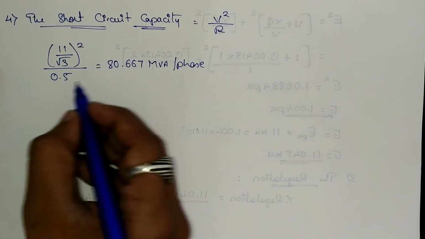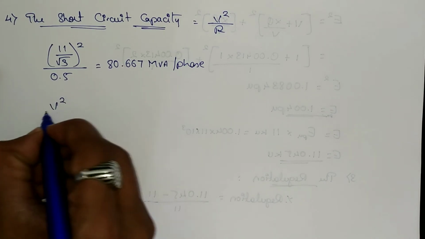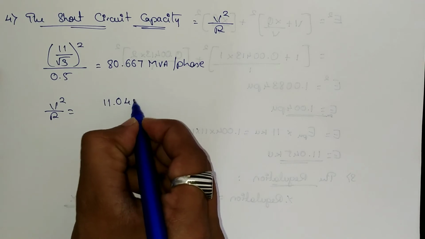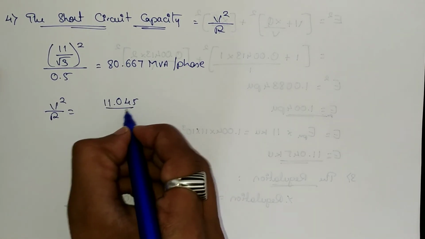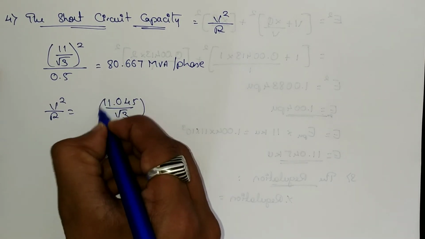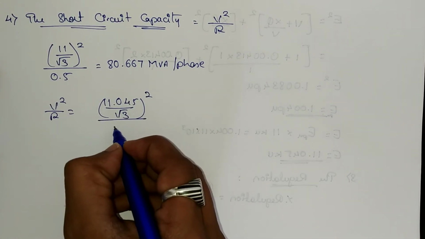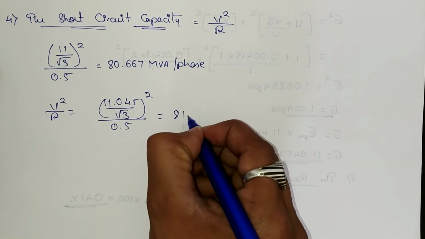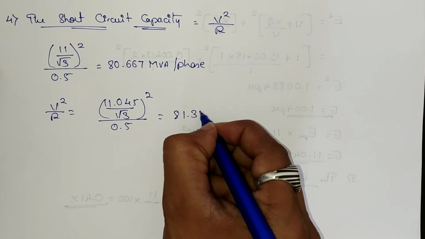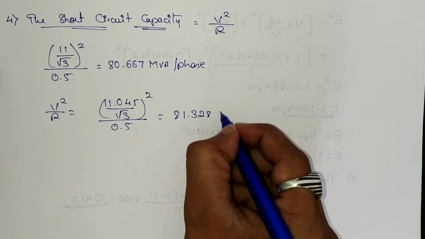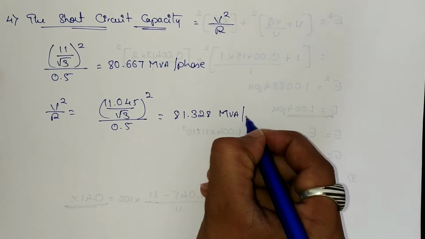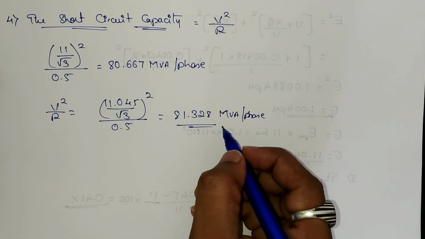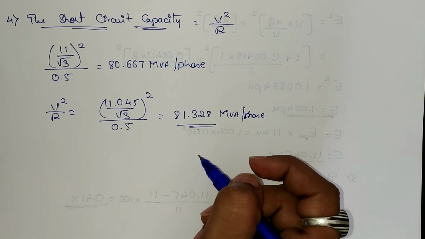If we use the sending end voltage, V square by R would be 11.045 divided by root 3, whole square, divided by R is 0.5, which would be 81.328 MVA per phase. This is the short circuit capacity.